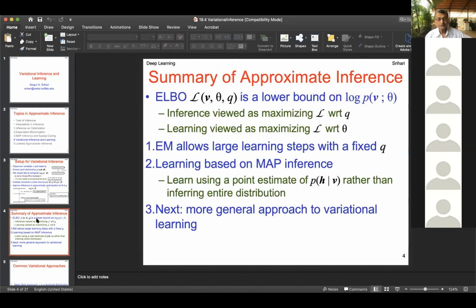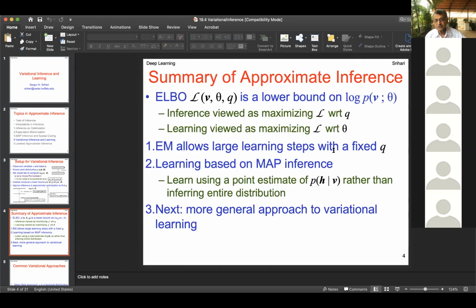Now the methods for approximate inference, some we have already seen, and now we're going to see some more. First of all, this first bullet point is simply saying the evidence lower bound is a lower bound on log P(v; theta), which we just saw in the last slide. And inference is viewed as maximizing L with respect to Q. That's what we said: find a Q such that L is maximized. And the learning problem is maximizing L with respect to theta.